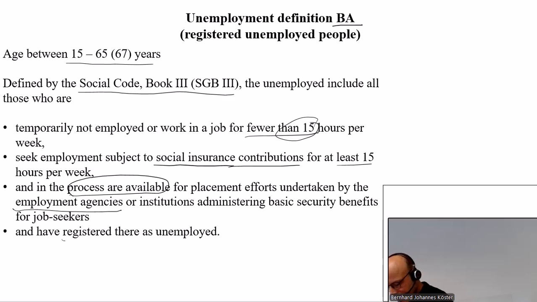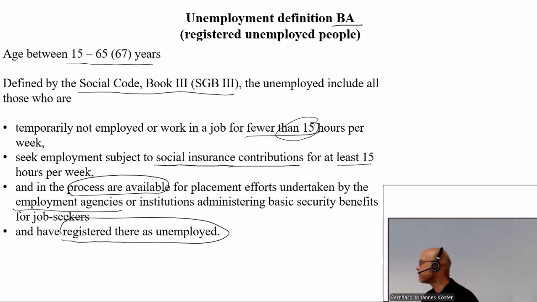In the end, to really get counted, you also have to go to the employment agency and show up and say, well, I don't have a job, because there are, of course, in the economy quite many people who never applied for the social security subsidies.